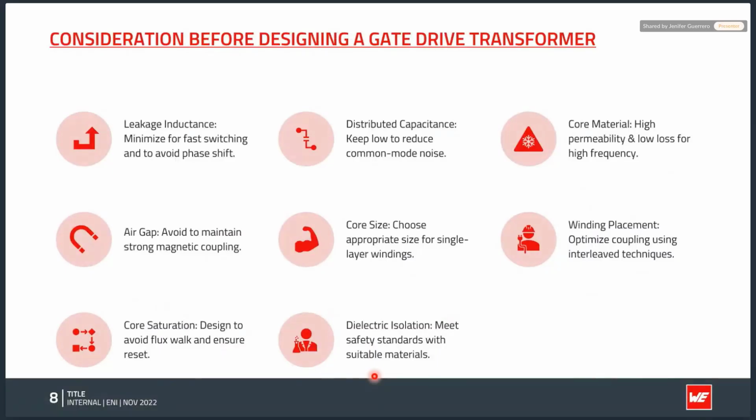And dielectric isolation. This is another thing that we have to take into account when we're trying to design transformers or gate drive transformers for these high voltage applications. People often think, okay, we just need to comply, but moreover it also requires different kinds of requirements: creepage, clearance, functional, basic, or reinforced insulation, and this takes a lot of the capacity in the building of the transformer.